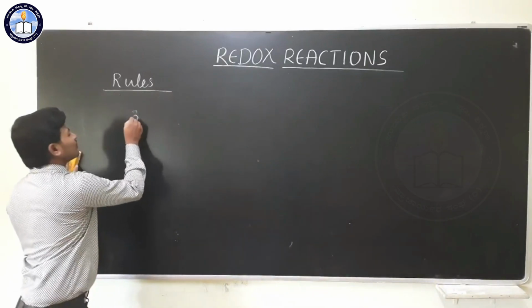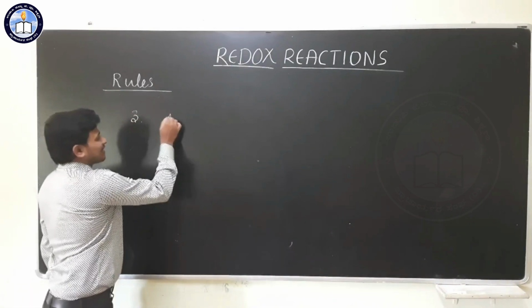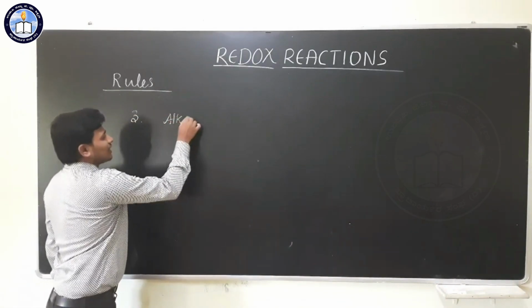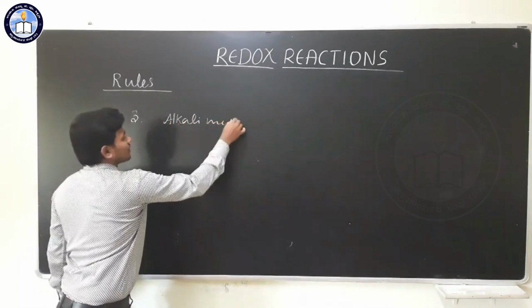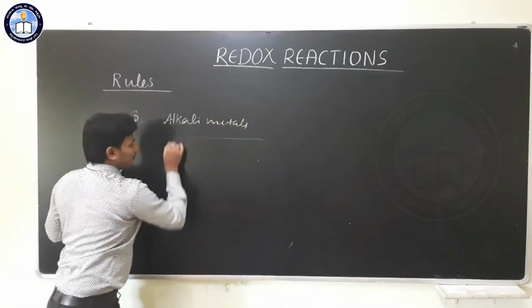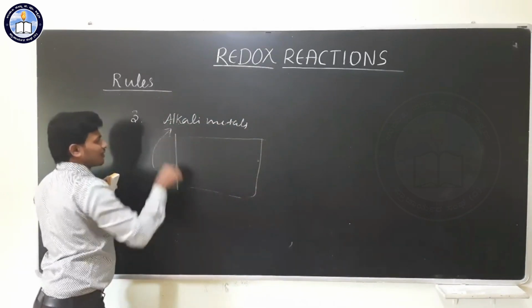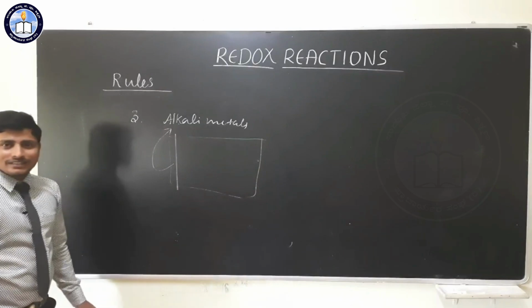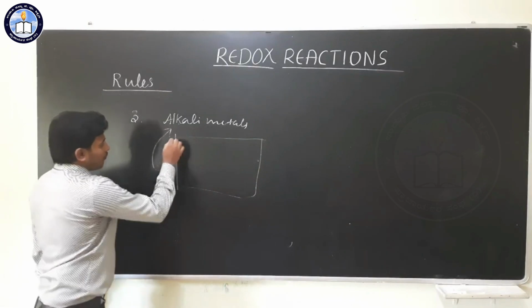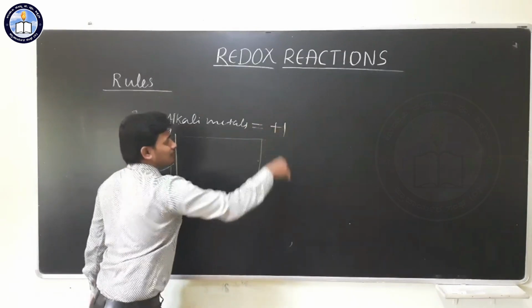Third point, for alkali metals. In the periodic table, the first group elements are known to be alkali metals. For that, we have to take oxidation number as +1.